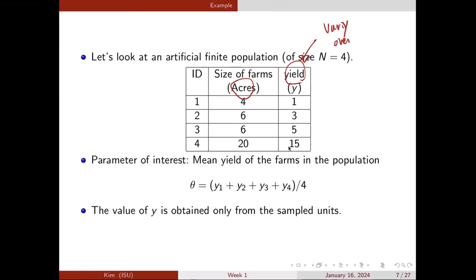The yield varies over years. In some years it could become bigger. The size, though, is known before the survey.